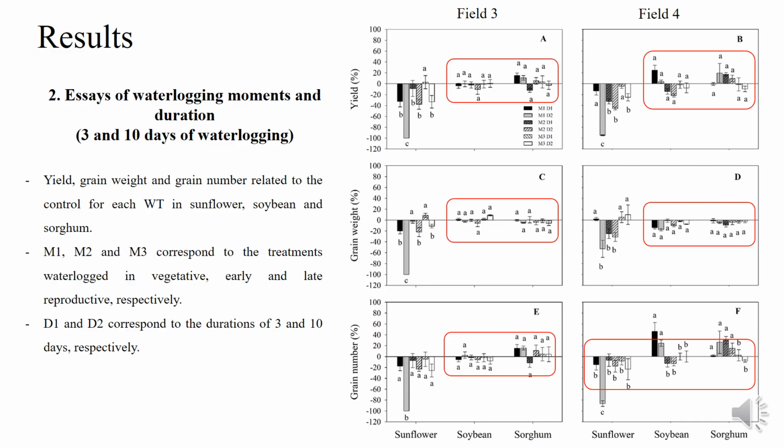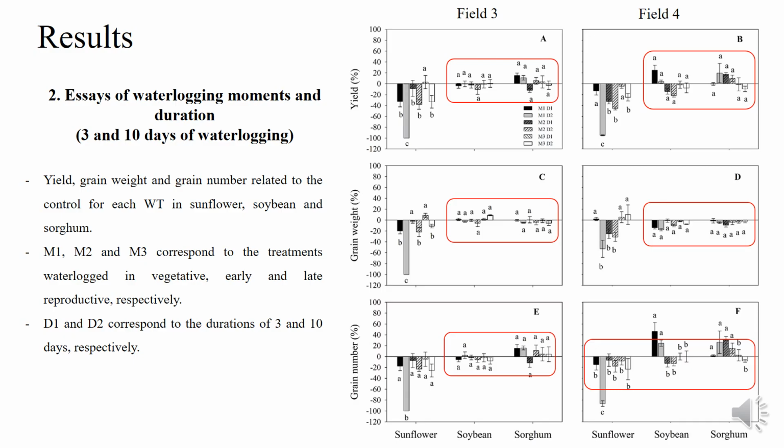So we have 3 days and 10 days of waterlogging. The first column belongs to 3, then 10 days of waterlogging during the vegetative stage. Then we have 3 and 10 days for the early reproductive stage, and then 3 and 10 days for the late reproductive stage.